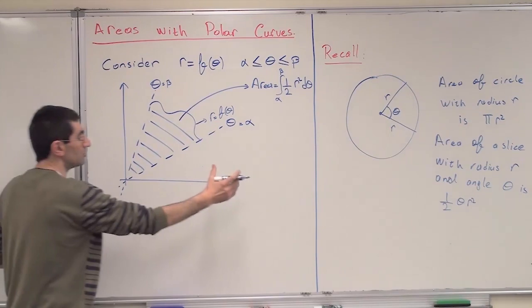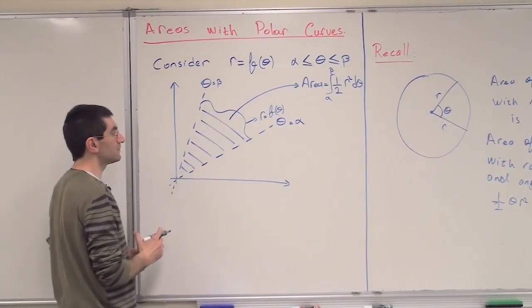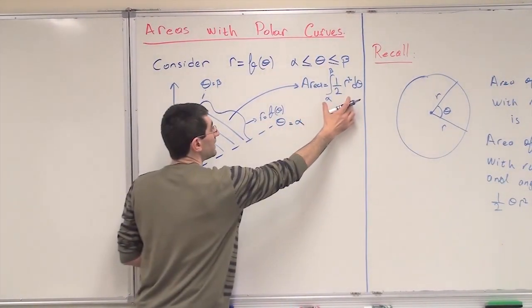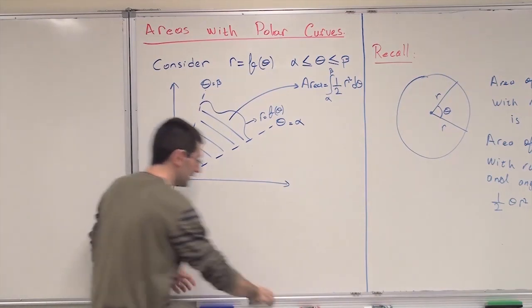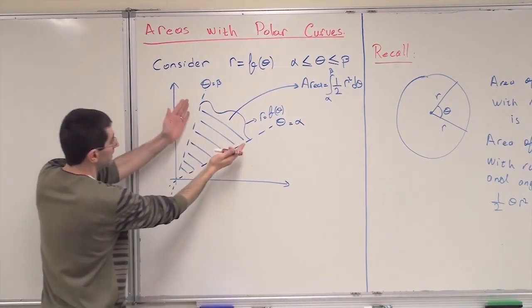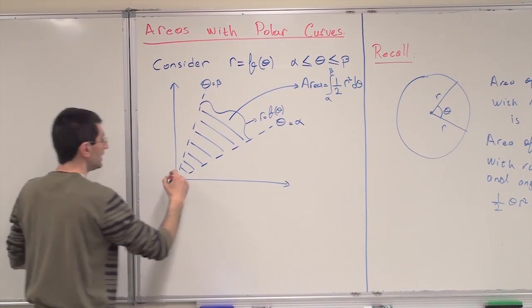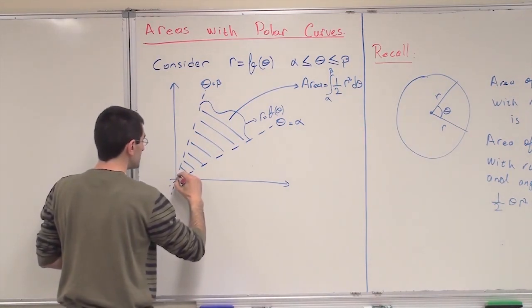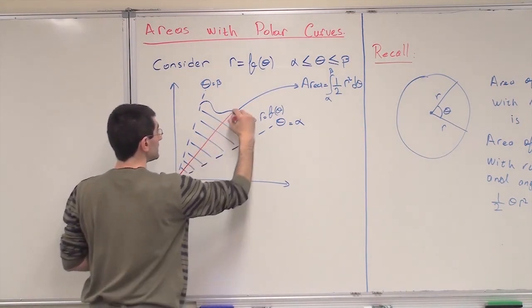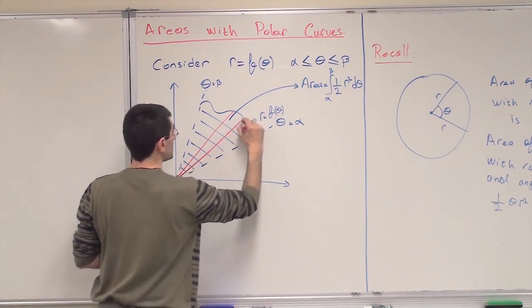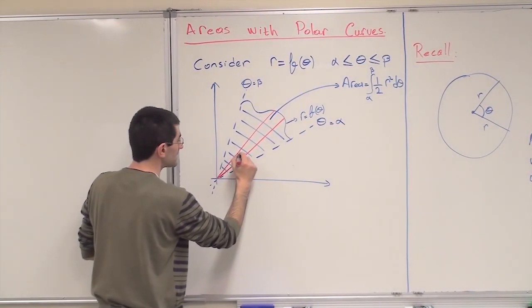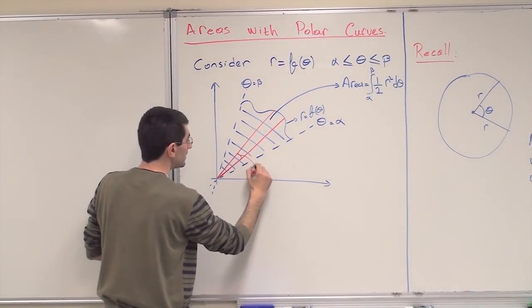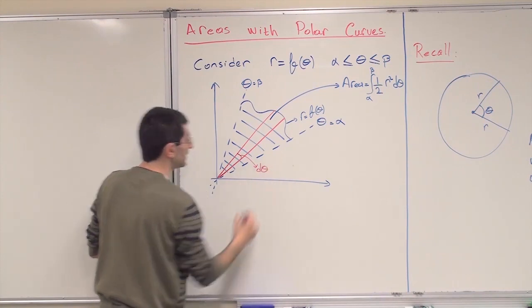Now, using these simple facts, we can see where this formula is coming from. Now, let me divide this region into small slices. Here I consider in red a slice with an angle d theta.